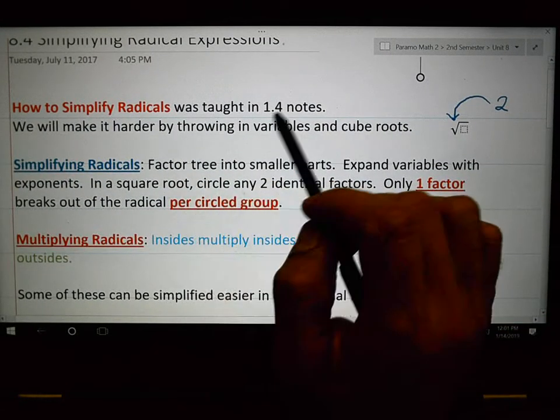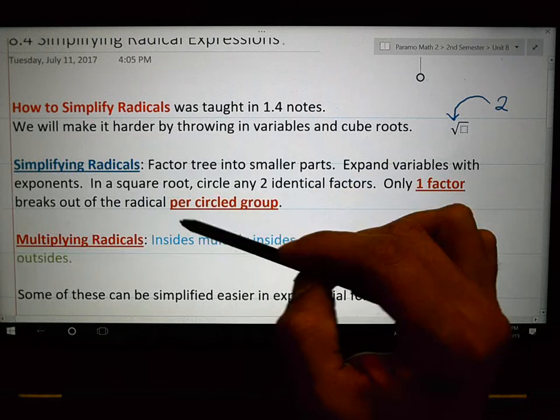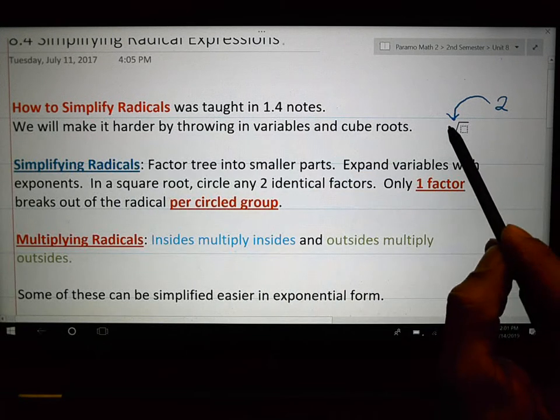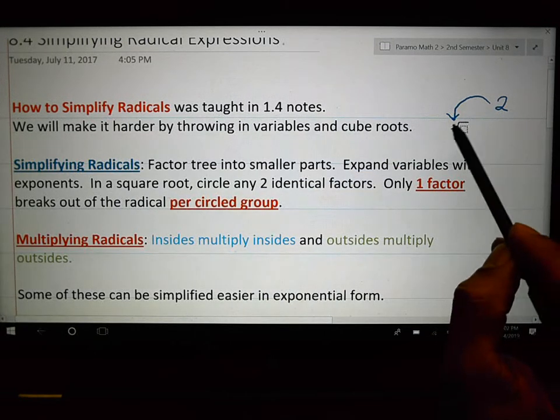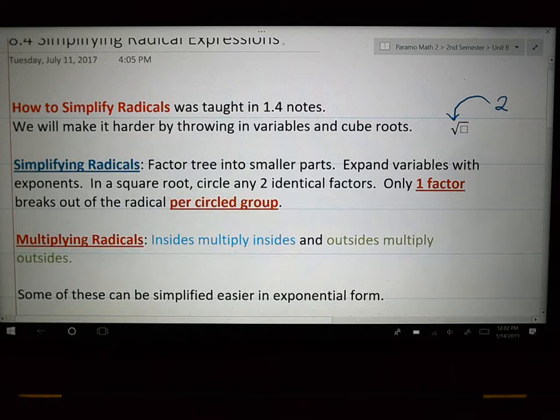Keep in mind, in 1.4 notes, we wrote down these notes. If there is a radical, that is the only type of number that has an invisible 2 inside that little v. If you do not see a number inside, it means it's a square root, and a square root means that you have to have two factors.